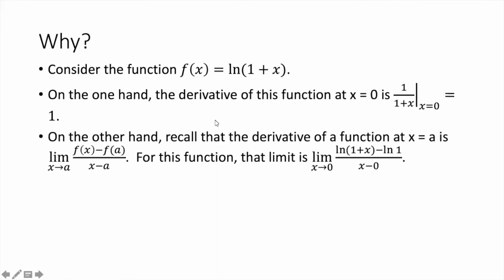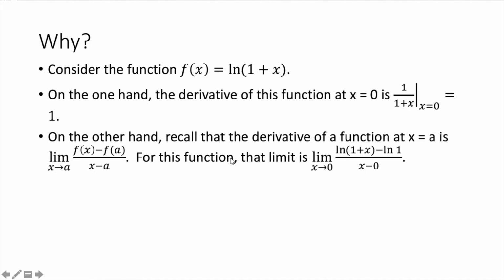On the other hand, recall from Calc 1 that the derivative of a function at x equals a is the limit as x approaches a of f of x minus f of a over x minus a.